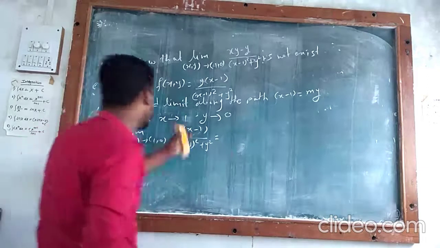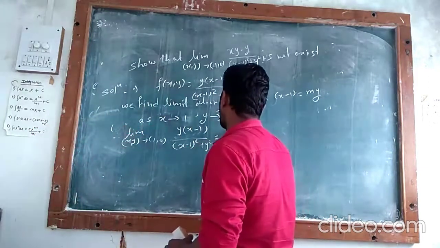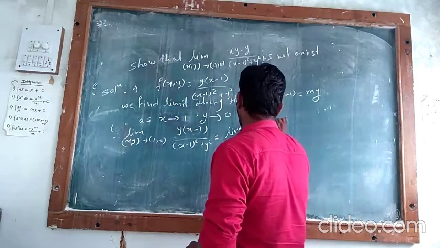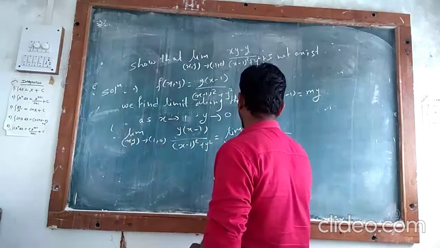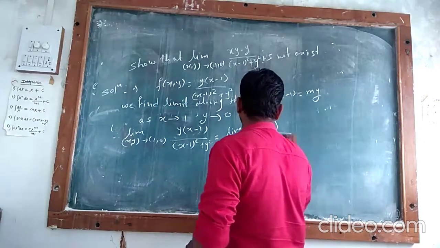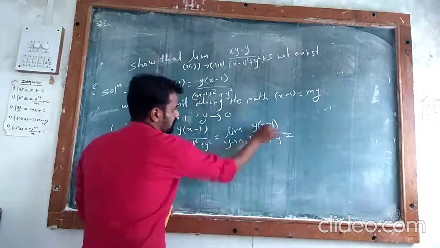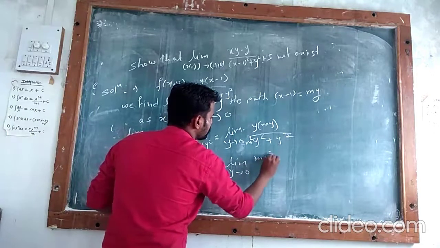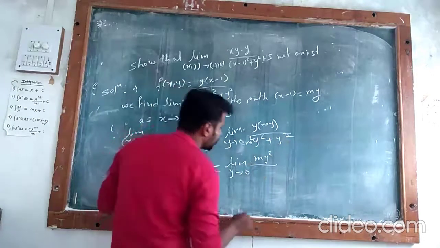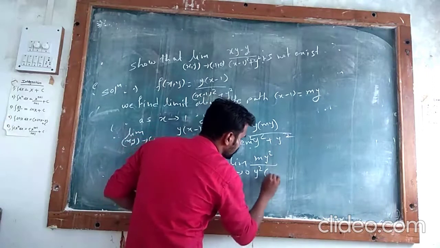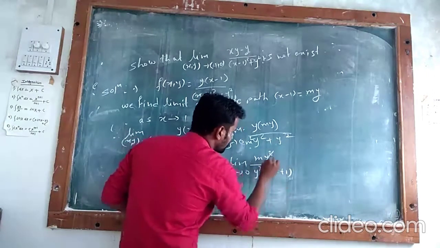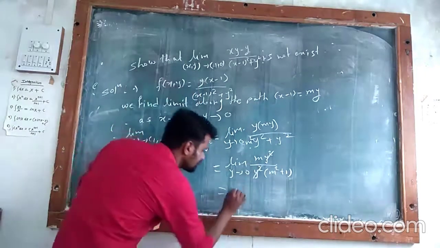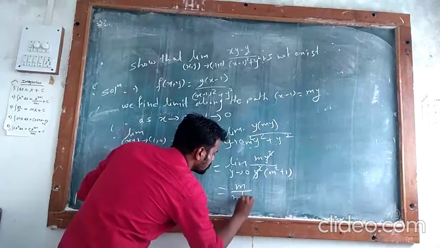If you put the value of x minus 1 is my, we have the limit as y tends to 0 of y into my divided by m square y square plus y square. Here the limit as y tends to 0 of m into y square upon, if we take y square common in both the terms, m square plus 1. Y square gets cancelled, and the limit as y tends to 0 of m upon m square plus 1 is constant, so we have m upon m square plus 1.